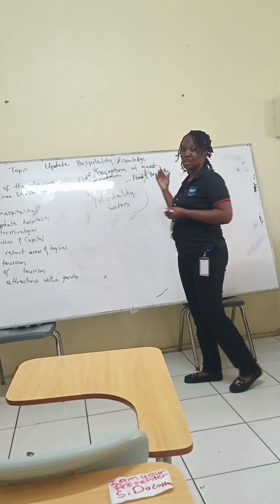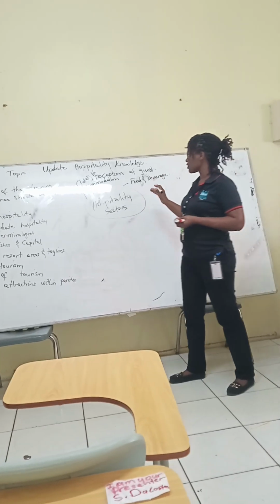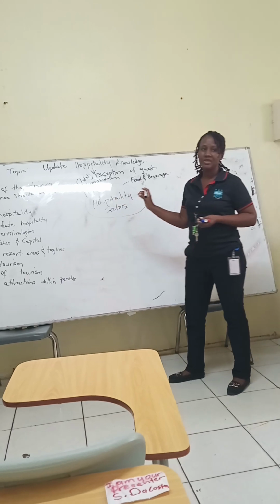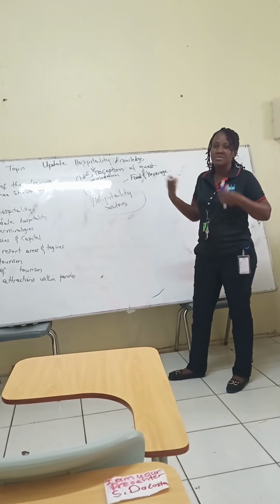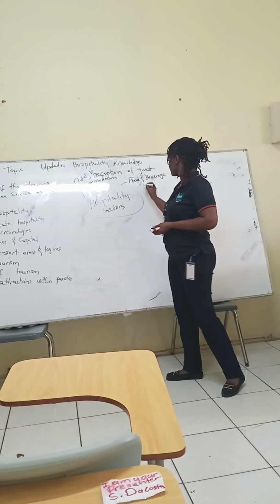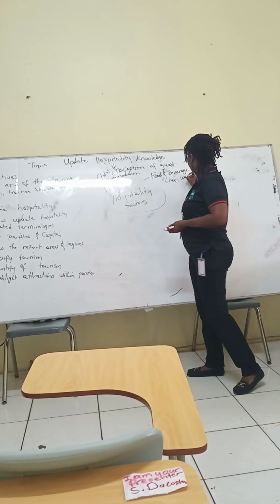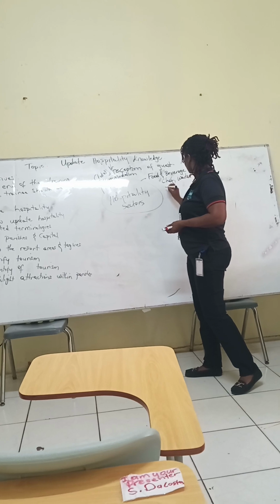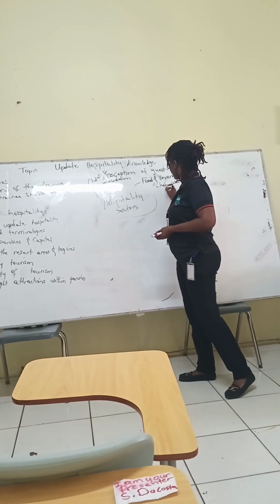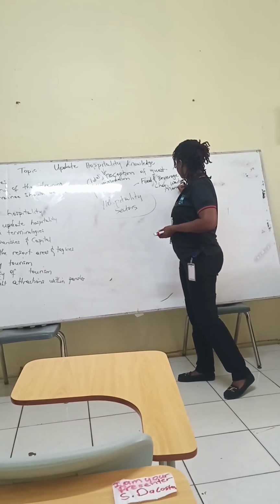We can also have cashiers. So right now you realize that the sectors will have different types of careers for persons to be employed. Alright? Alright, managers and so forth.